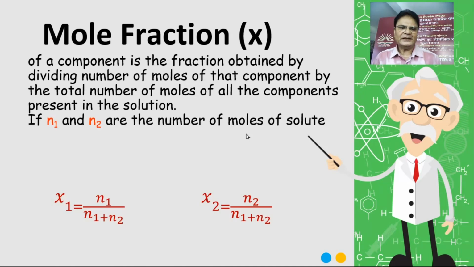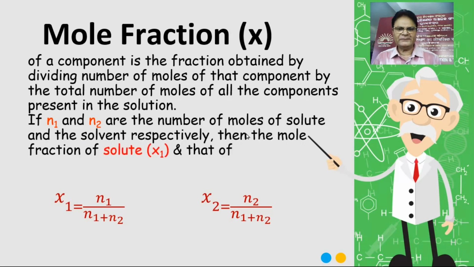If N1 and N2 are the number of moles of the solute and the solvent respectively, then the mole fraction of the solute X1 and that of the solvent X2 may be given by the formula: X1 is equal to N1 divided by N1 plus N2, and X2 is equal to N2 divided by N1 plus N2.